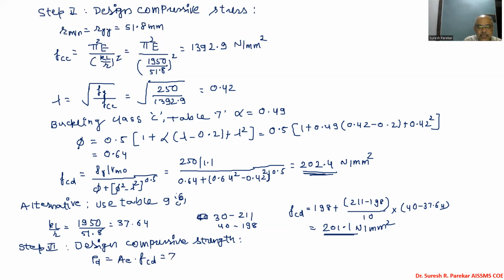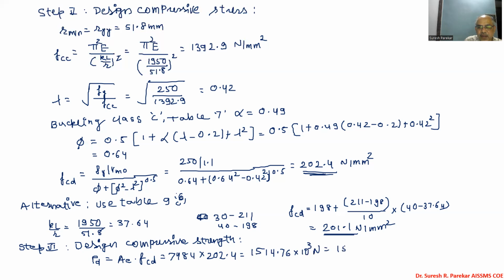So we have 7484 into 202.4, and we have this value, that is 1514.76 into 10 raised to 3 newtons.